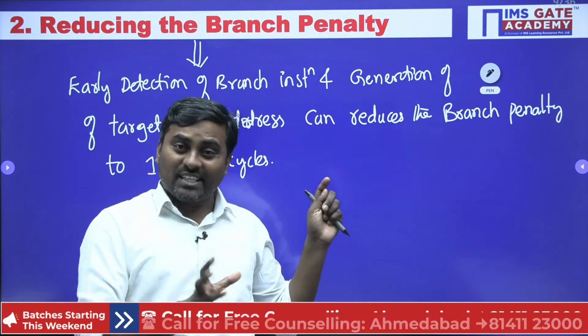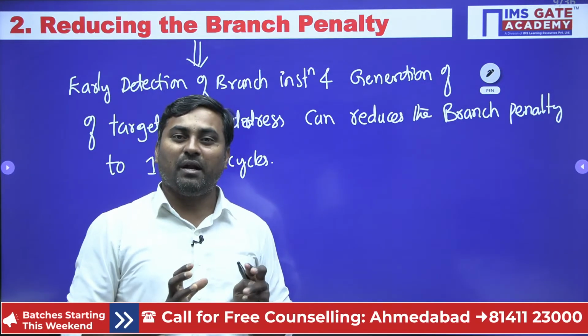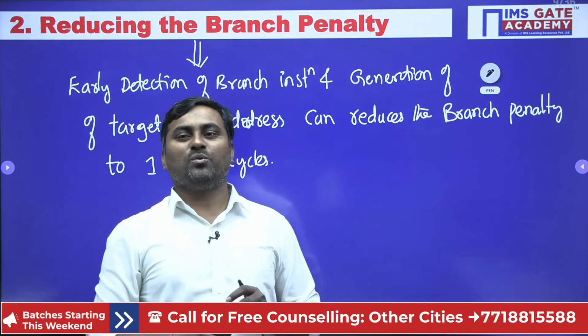Now what is it saying? Early detection and generation of the target address of the branch can reduce the branch penalty to 1 clock cycle only.